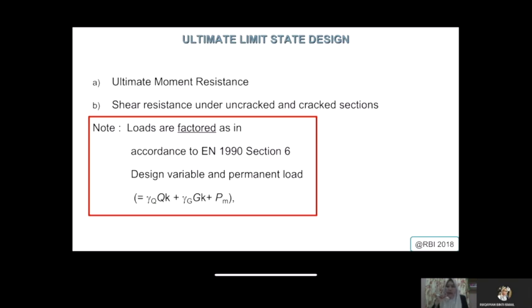So design variables and permanent loads are stated as what you did for your reinforced concrete design. There's no difference about that. You still have partial factors of safety for imposed load and for dead load, and also you have an additional one for the pre-stress force.